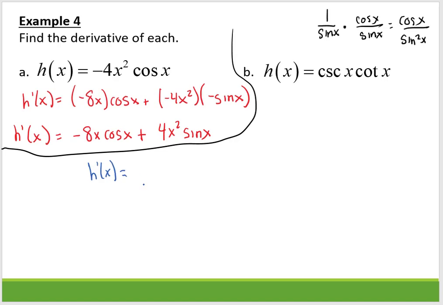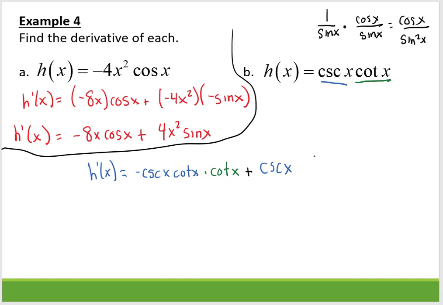Okay, so derivative of first. Derivative of cosecant is negative cosecant x cotangent x times this cotangent, plus, now I leave the first one alone. I'm going to leave the cosecant alone.